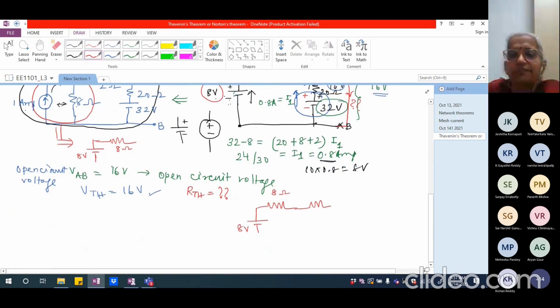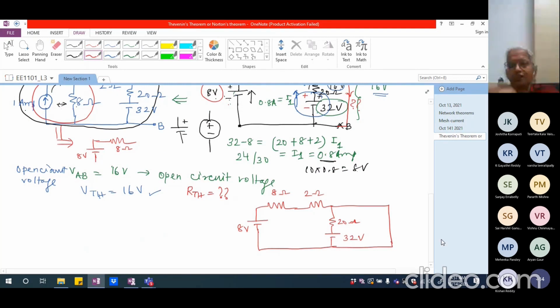And after that, I think we had 2 ohm and I had 20 ohm and this was 32 volts, and I am short circuiting this completely. So how do you find the current? Tell me now, how are you going to find the current through this?